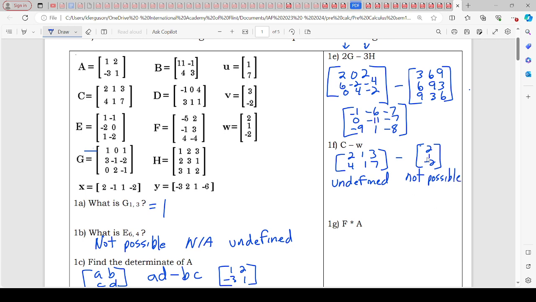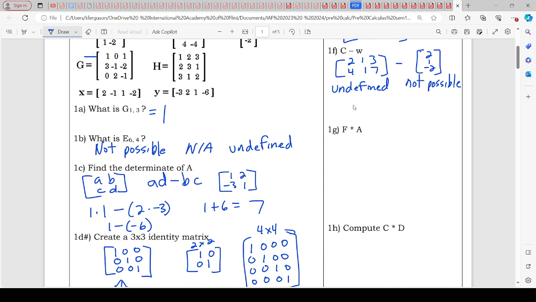You count how many rows they got and then how many columns. So that's the 2 by 3. Yes, they have to be exactly the same. So this is not possible. Can't do it.